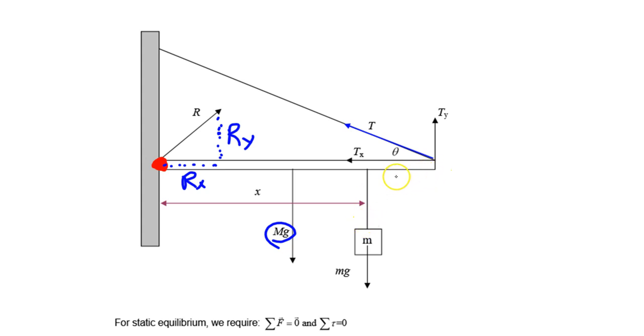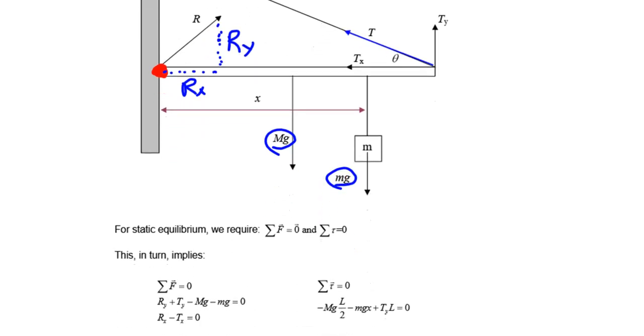It's not quite at the end of the horizontal bar that's going out, but it is there, and so we would also need to account for that. So if you're summing the forces in the y direction, then you would have Ry and Ty, both of those point upward, while you have the mass of the bar downward times gravity, as well as the hanging mass times gravity. So that's where this portion of everything comes from.